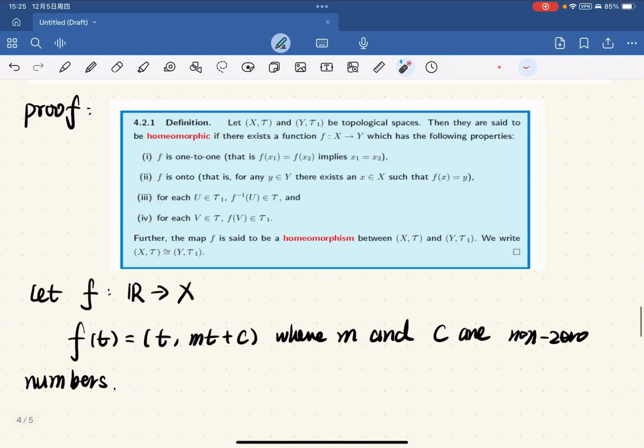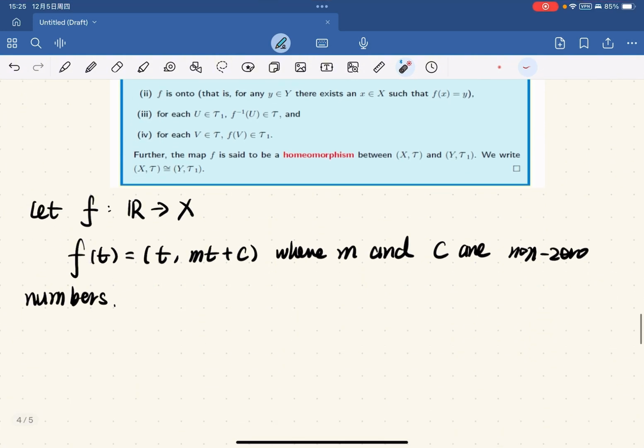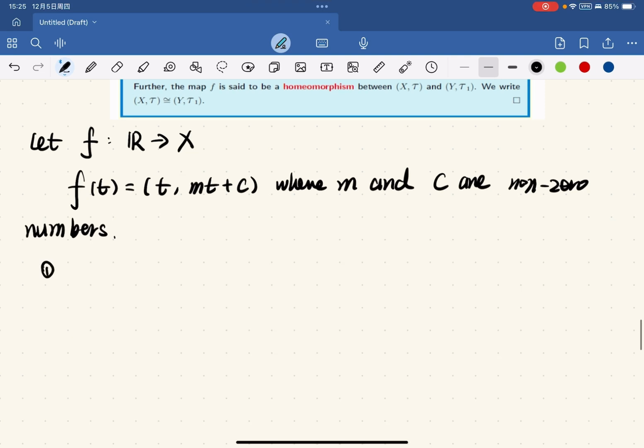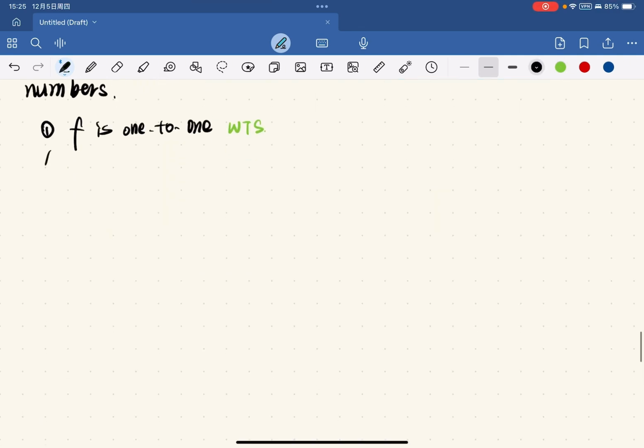So first, let's prove that the function f is one-to-one. Suppose f(t) equals f(t').